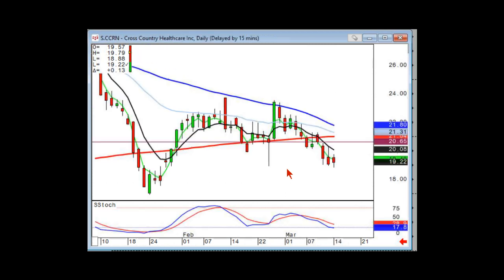CCRN, bearish Harami right here at the 50, closed below the T-line. Is that relevant? Pretty much. Look where they started selling off before, right at the same level. Now they've got more confidence that the bears are in control, because they did it right smack dab at the 50-day moving average. What do we do with this one?